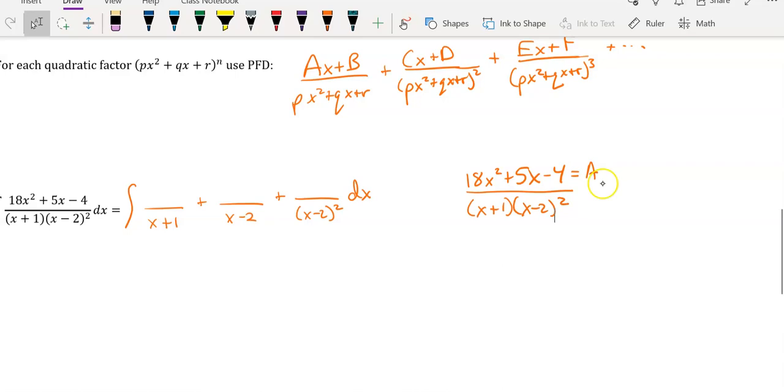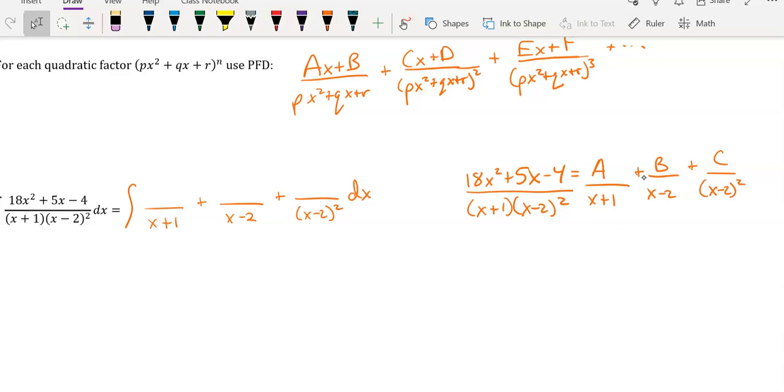Okay, so, sorry. A over x plus 1 plus b over x minus 2 plus c over x minus 2 squared.